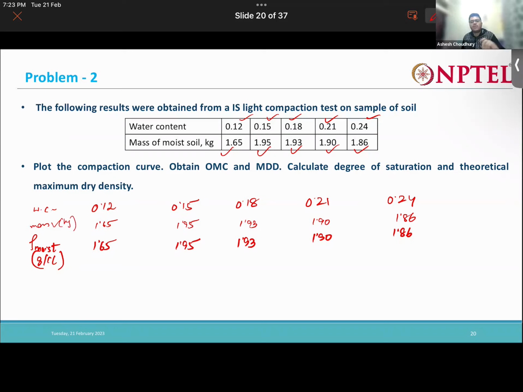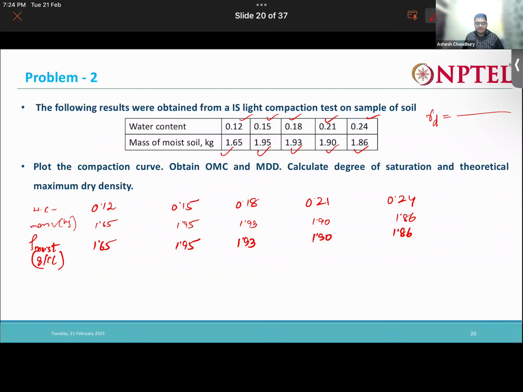Now from the moist unit weight, how can we determine the dry density? Try to remember the relation we have used many times. Dry density is equal to the weight of solid by total volume, that is true.